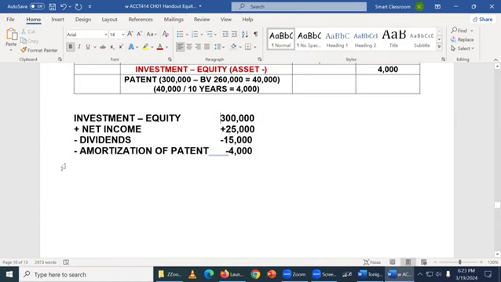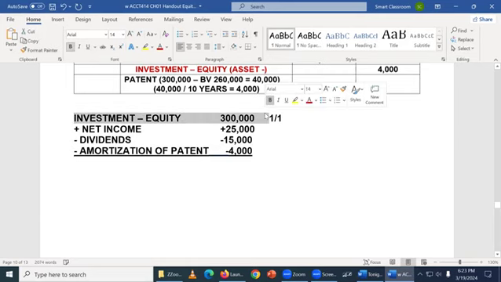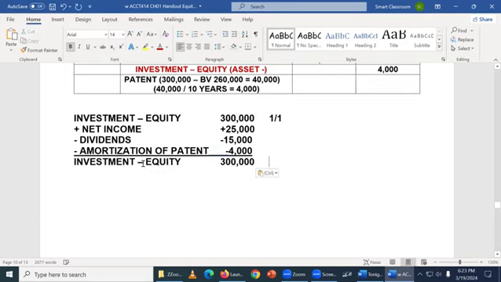So this will be our ending balance in our investment equity at year end. And investment equity at year end would be 306, yep. So that would be at year end. And we would keep doing this year after year for the next 10 years.